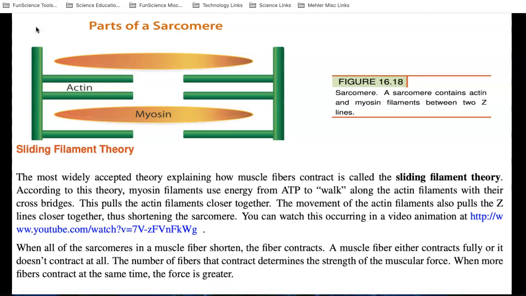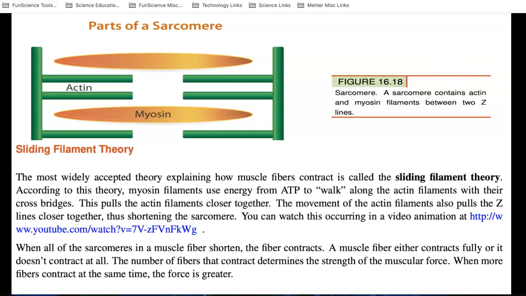According to this theory, myosin filaments, that's what's pictured here in this illustration, use energy from ATP to walk, to move along the actin filaments at their cross bridges. And they think this is how all muscles contract. But as I said, we can see this with a microscope, but we don't know on the molecular level exactly every little step of what's going on.